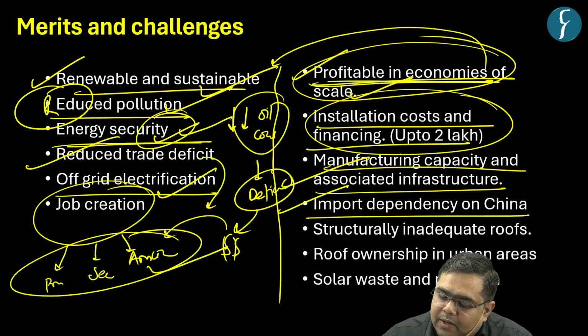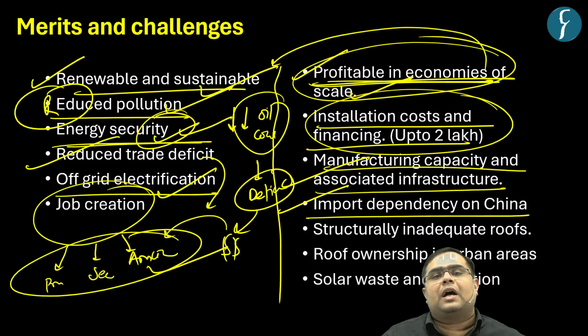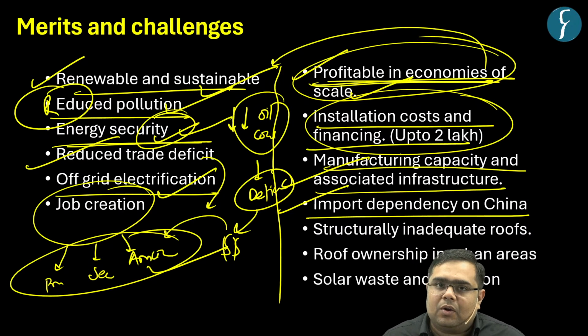Then import dependency on China is another factor. Why? Because generally our manufacturers are not truly manufacturers, because for manufacturing a back end chain is required, right? Manufacturing does not begin with production of solar panels, it ends with the production of solar panels. The back end supply chain is required, from silicon to assembly to refining to producing chips and then panels.